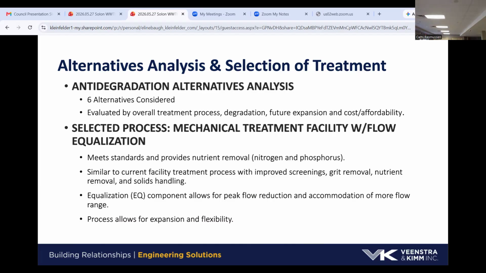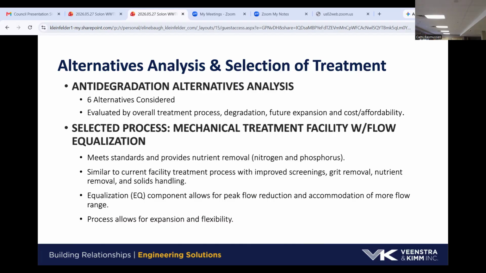It is similar to the current facility treatment process, but we have improved the screenings, grit removal, allowed for nutrient removal, solids handling, and also are planning to implement ultraviolet disinfection, which is typically a much safer process for the operators.